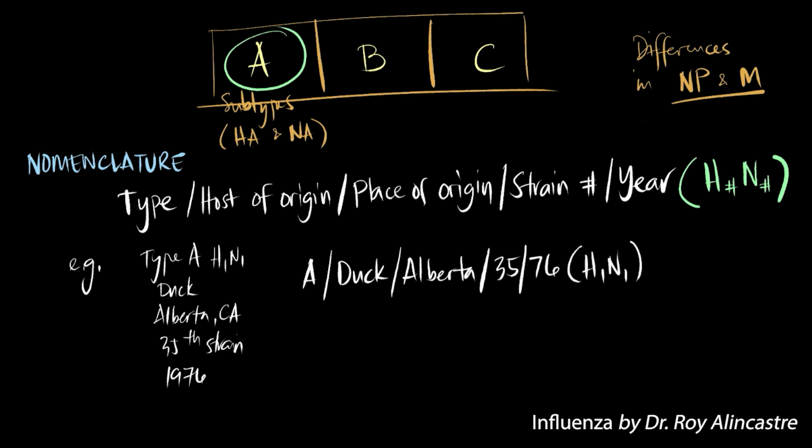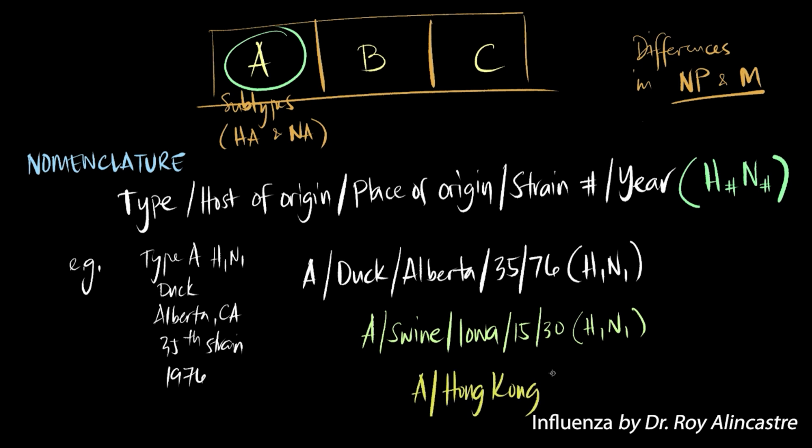Or a type A H1N1 flu virus of swine origin from Iowa, 15th strain found in 1930 would be A/Swine/Iowa/15/30 (H1N1). But for strains from humans, just remove the animal host of origin. For example, A/Hong Kong/3/68 (H3N2).